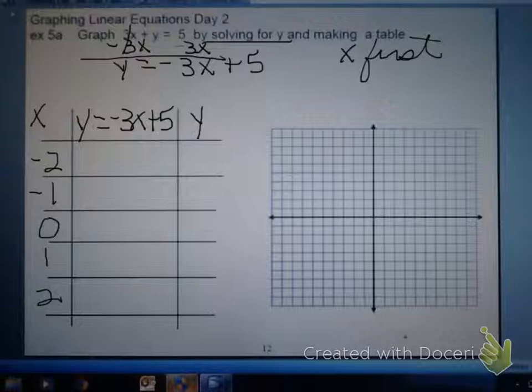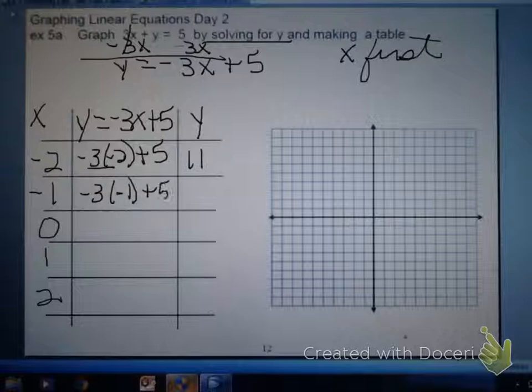So here I'm going to plug in negative 2 anywhere I see x. So this is my work area. Negative 3 times a negative 2 is a positive 6. 6 plus 5 is 11. Then I'm going to plug in a negative 1 for x. Negative 3 times a negative 1 is a positive 3, plus 5 is 8.